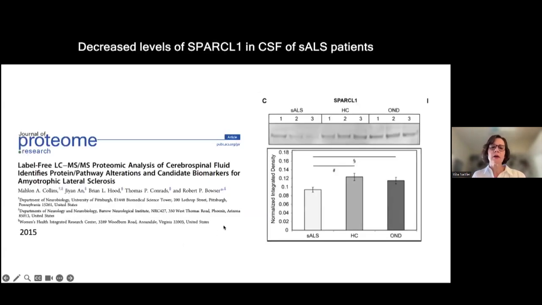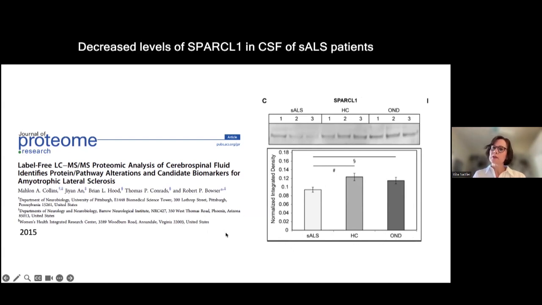There was also data on CSF proteomics, and this was actually done by my colleague, Dr. Bowser, in 2015, where they looked at the proteins found in the CSF of ALS patients. You can see that SPARCL1, interestingly, and this is sporadic ALS, so this might not be specific for C9, is decreased when compared to healthy controls or other neurodegenerative diseases.